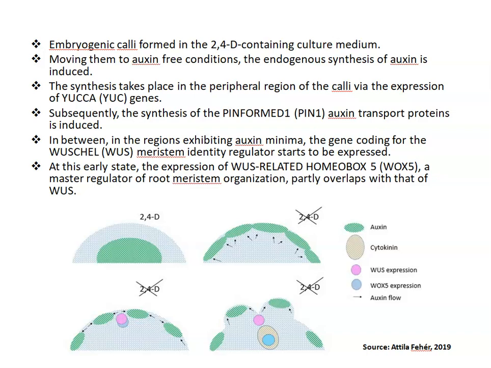Following the asymmetric division of the zygote in the case of Arabidopsis thaliana, the WOX2 and WOX8 transcription factors segregate into the apical and the basal cells respectively, and the resemblance of zygotic and somatic embryogenesis is also supported by the development of a degenerated suspensor-like structure in certain somatic embryogenesis systems.